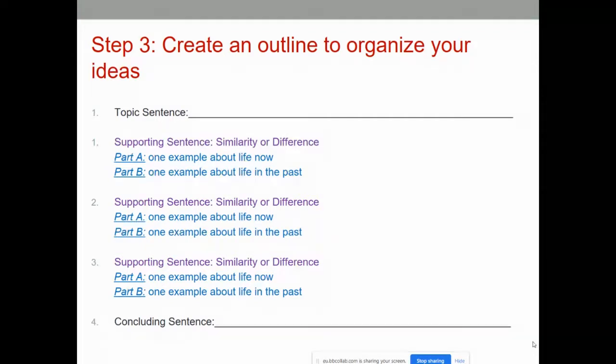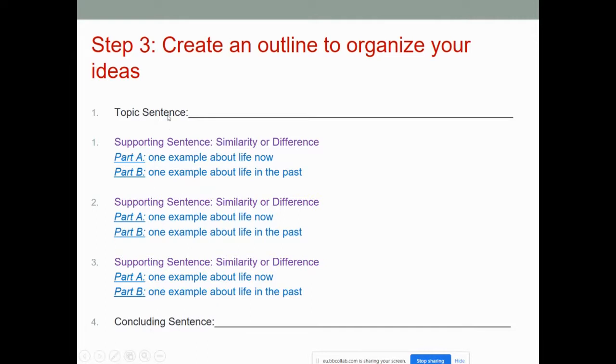So what I'm telling you basically, after you write the topic sentence and you identified 3 ideas, you can divide into 3 supporting sentences and 6 details. And the last thing, you need to conclude, summarize your sentence. So this should be the structure of your paragraph: one topic sentence, 3 supporting sentences, and each supporting sentence should have 2 supporting details with 1 example or a fact or a reason. And the last sentence should be the concluding sentence.